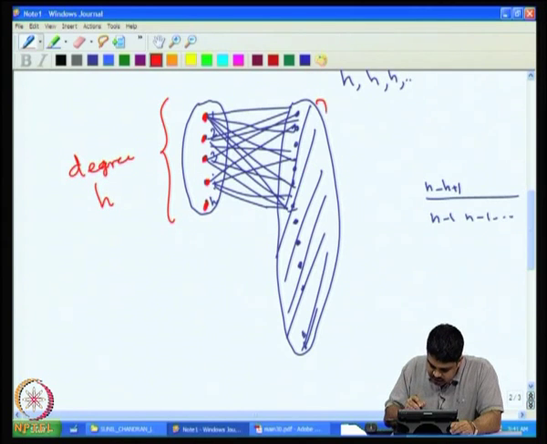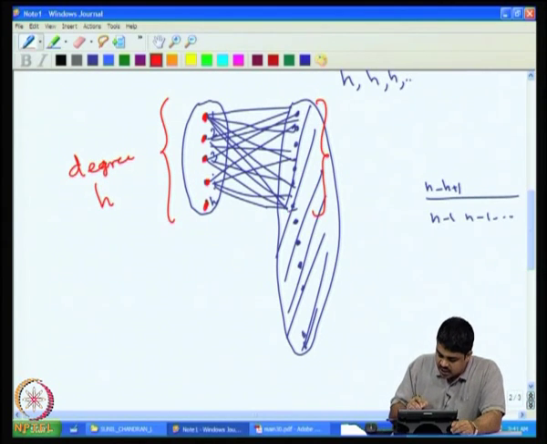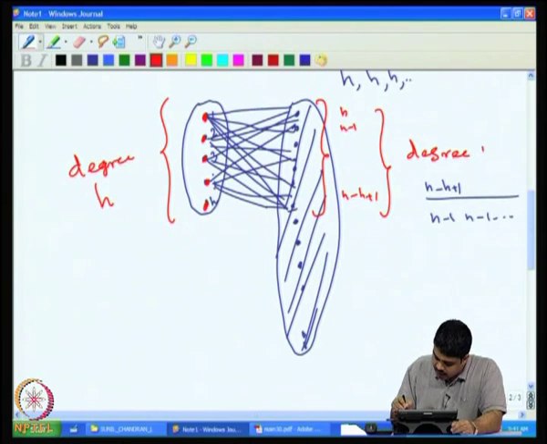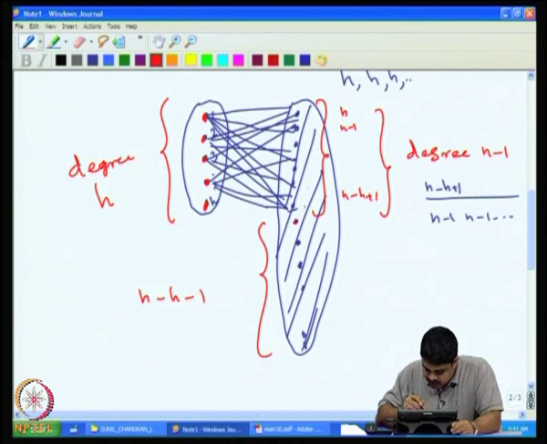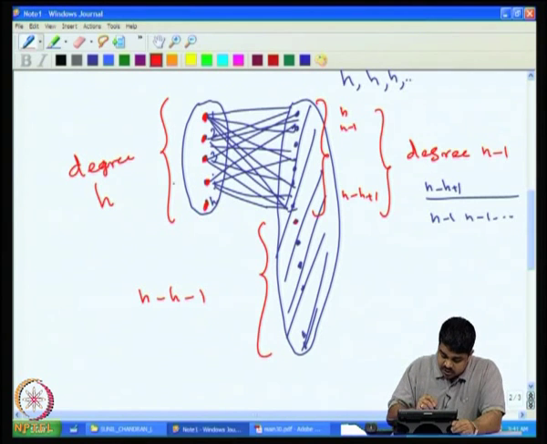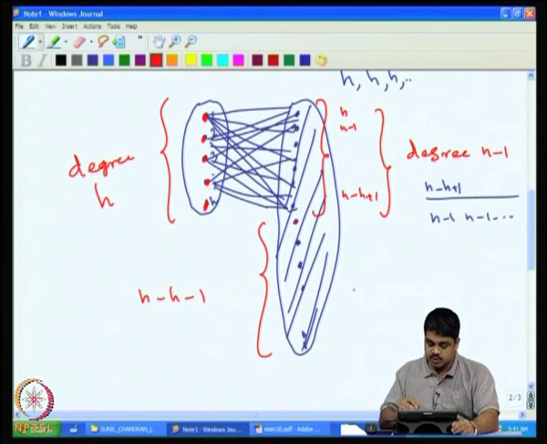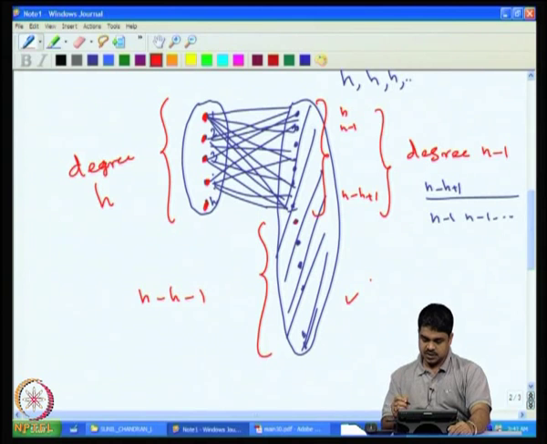On the other hand, these vertices are the last h vertices, namely the nth, (n minus 1)th up to the (n minus h plus 1)th vertex, and they all have degree n minus 1. These are the vertices which come in between with degree n minus h minus 1, because they connect to all vertices in this part except these h vertices. Therefore, n minus 1 minus h is their degree.